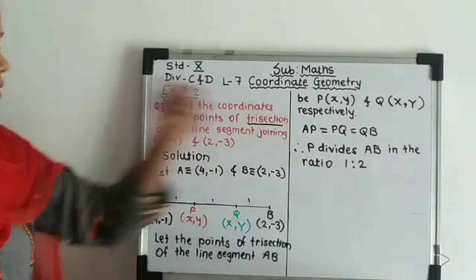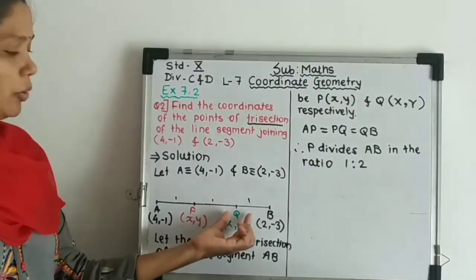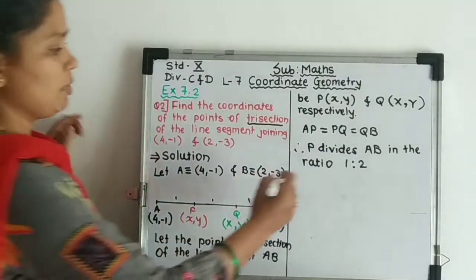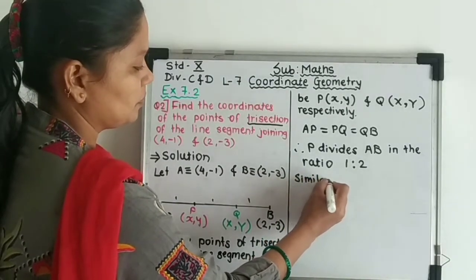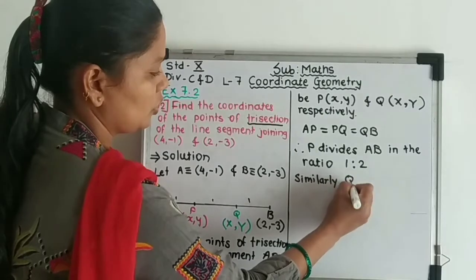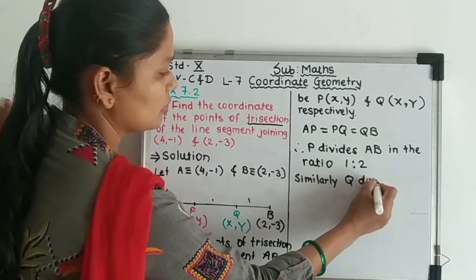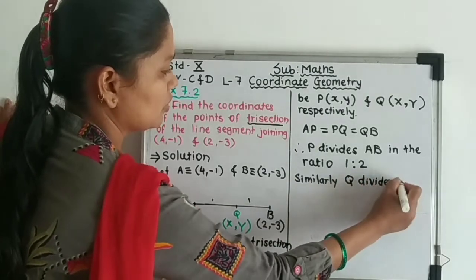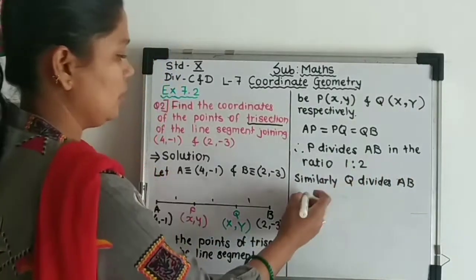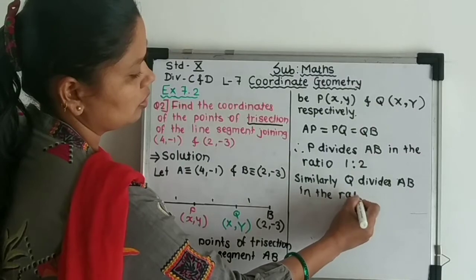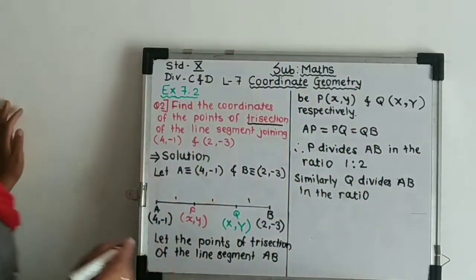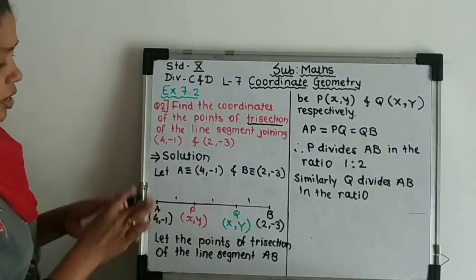So similarly, we will write for the point Q also. Q divides AB in the ratio, in what ratio? Now see, don't consider this P point.